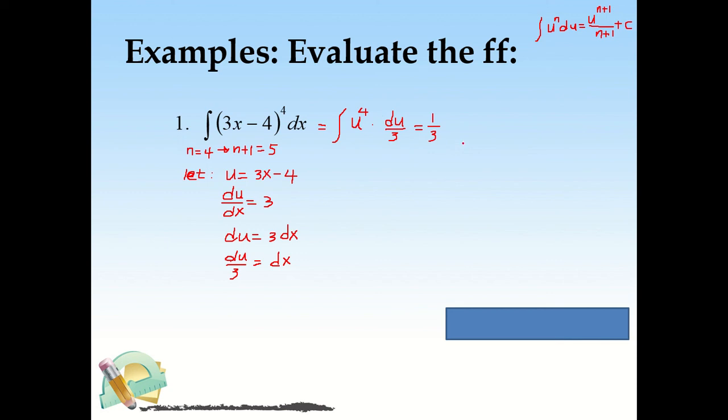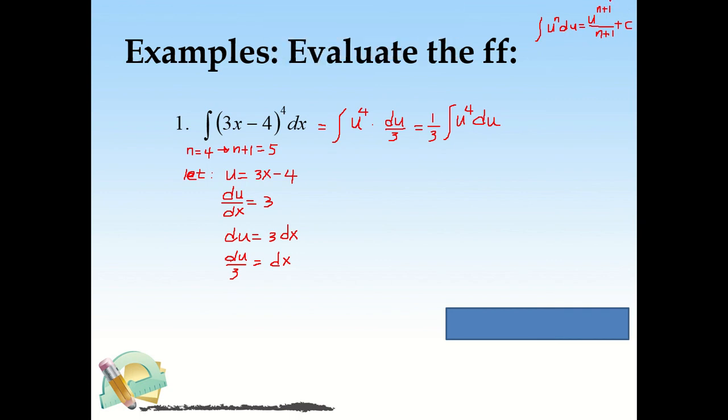So we rewrite this, then we isolate this because this is a constant. So we have the integral of u to the 4th power, then times du.